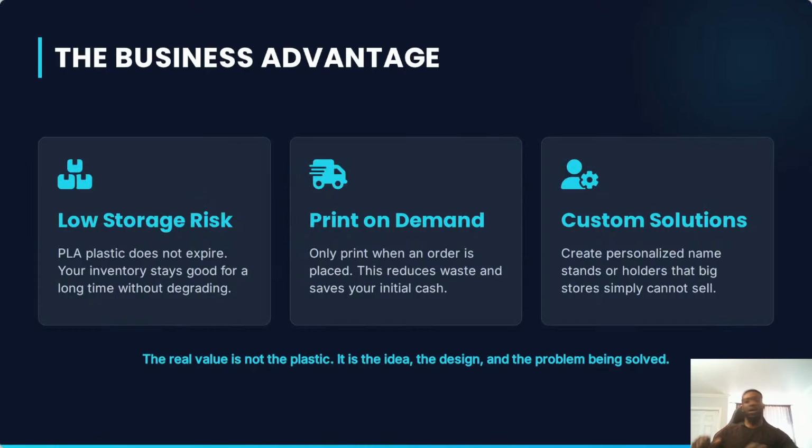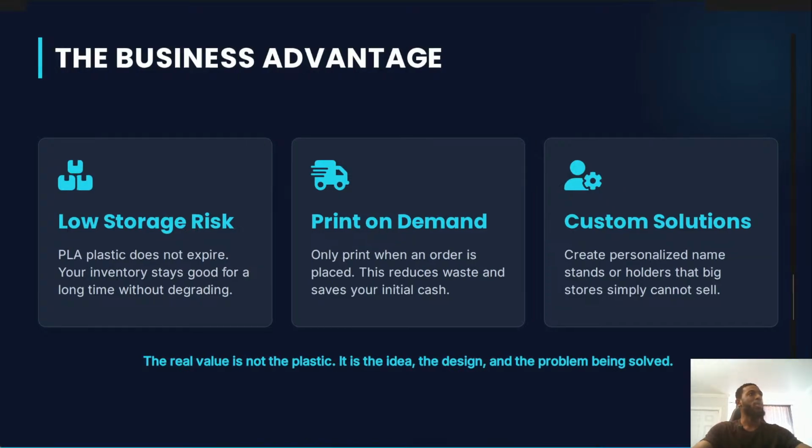So I want to quickly explain some of the things that I plan to print and distribute to schools and community centers.